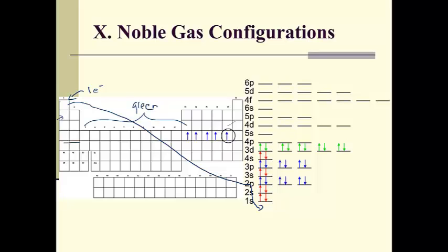This section here was always red. This section here was blue arrows. All the blue arrow sections always went into p orbitals. The green arrow sections went into the d orbitals. The red arrow sections went into s orbitals.